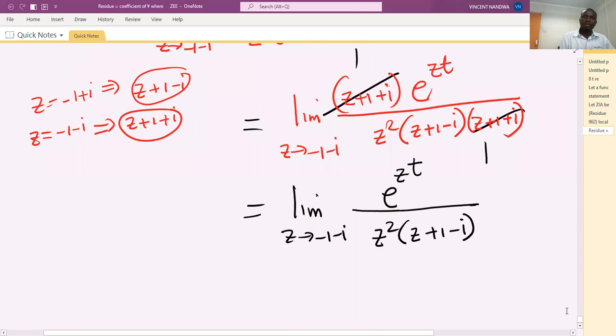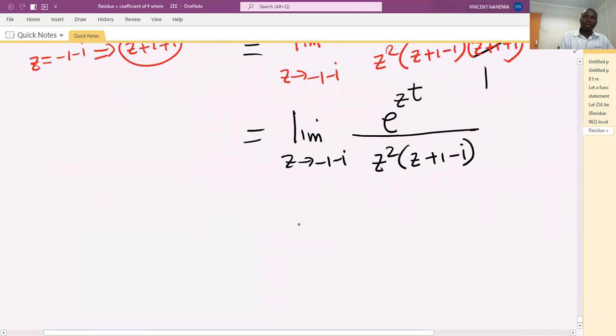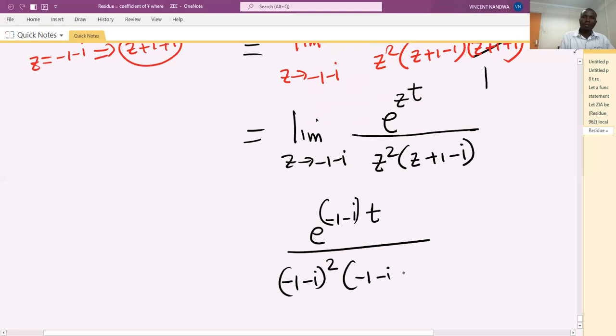So we substitute, we get e raised to the power (-1 minus i) times t over (-1 minus i) squared times (-1 minus i plus 1 minus i).